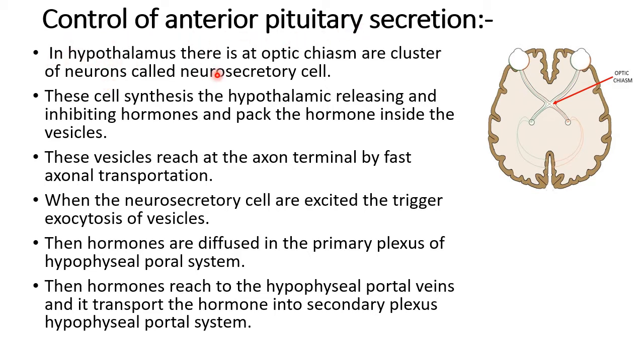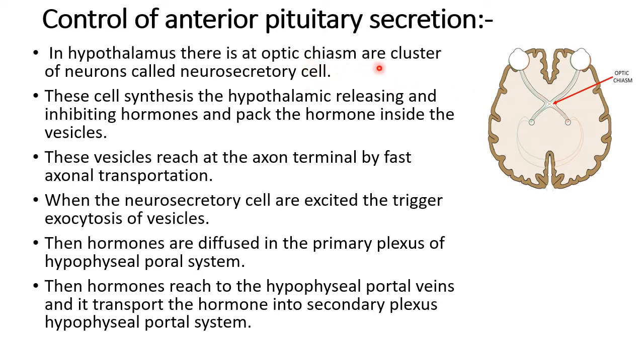In the hypothalamus there is an optic chiasm. So what is the optic chiasm? It is formed by the optic nerves. The nerves come from the eye and cross at a point, and this point is known as the optic chiasm.